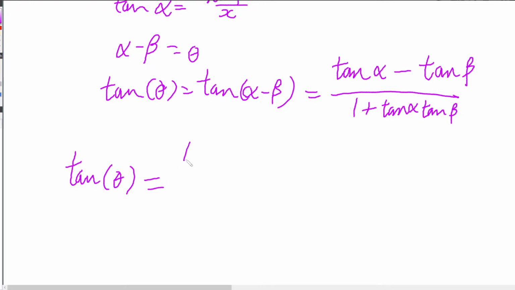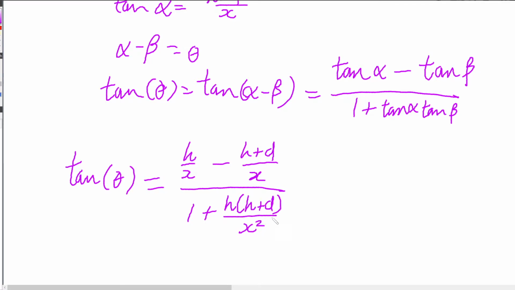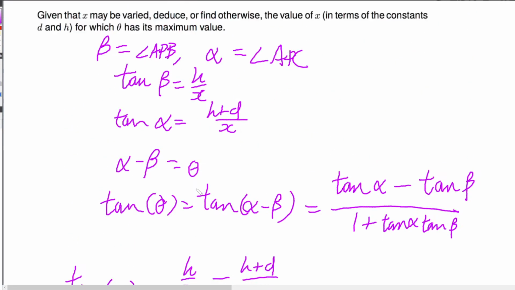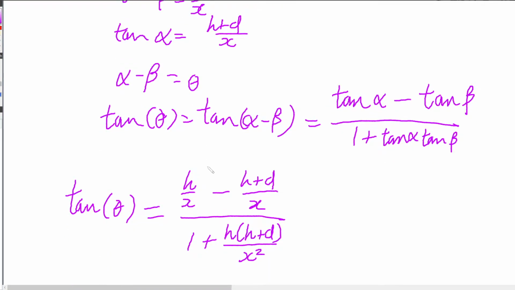So this is h over x minus h plus d over x over 1 plus h times h plus d over x squared. If you multiply the two fractions together, that's what you get. So this is tan alpha minus tan beta, so it should be h plus d on this side minus h on this side.